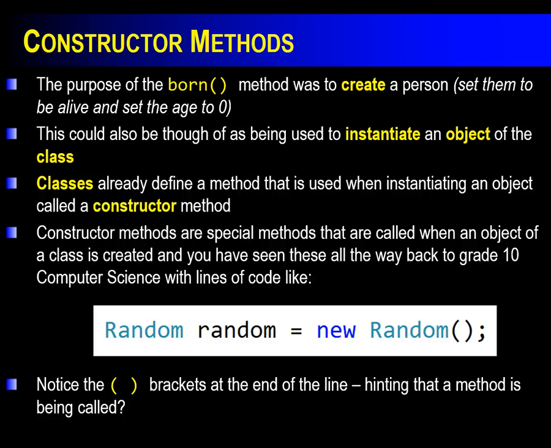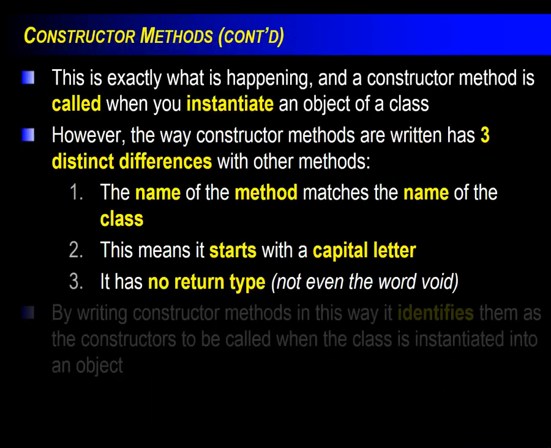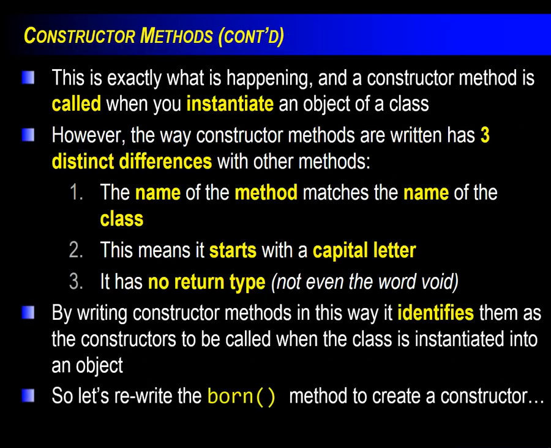And round brackets usually indicate a method. And that's what's happening here. We are specifically hinting that a special method is being called, and that method is a constructor method. Okay? So, that is what is happening. The constructor method is always called when you instantiate a class.